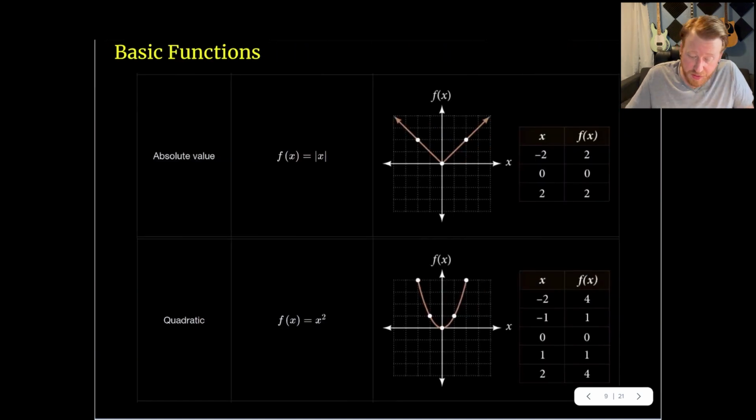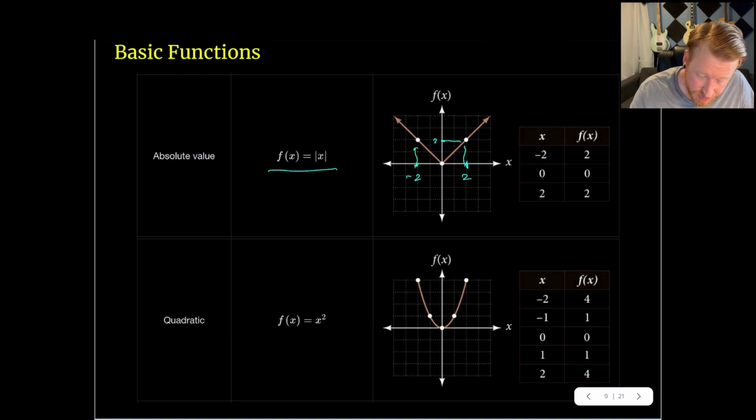We've got the absolute value function here, which is very similar to the identity function that we just looked at, but this makes sure that all of the outputs are positive. So, we can see here for 2 that it is being sent to positive 2, but negative 2, instead of being sent to negative 2, it's being sent also to positive 2.